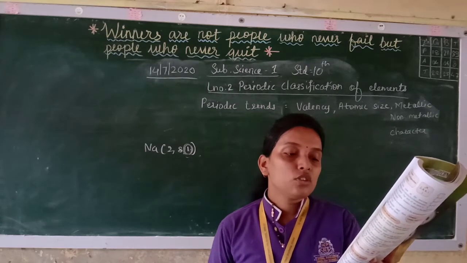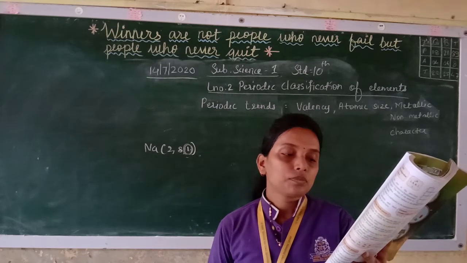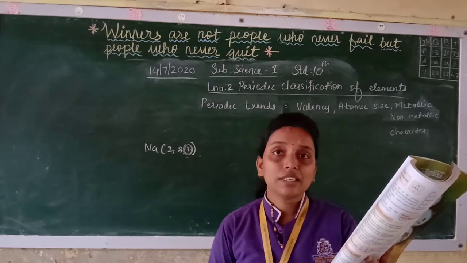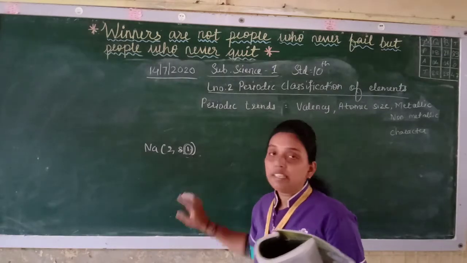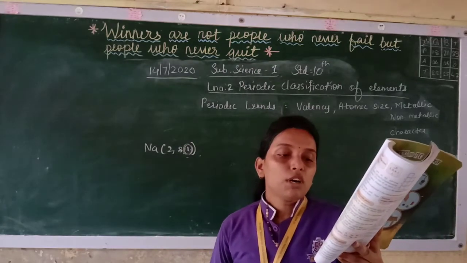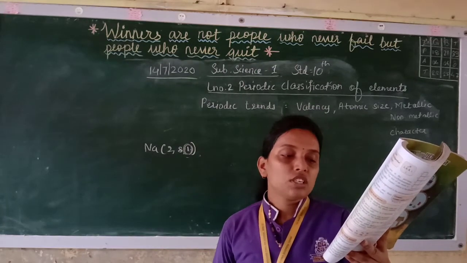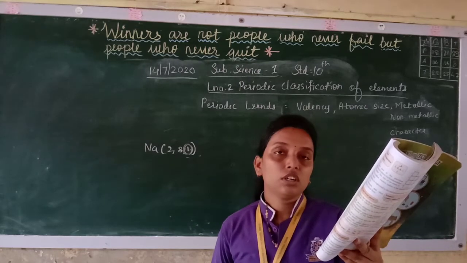Now, what is the relationship between the electronic configuration of an element and valency? The relation is that the valency is determined by the number of electrons present in the outer shell. Now, the atomic number of beryllium is 4 while that of oxygen is 8. Write down the electronic configuration of the two and deduce the valency of the same.